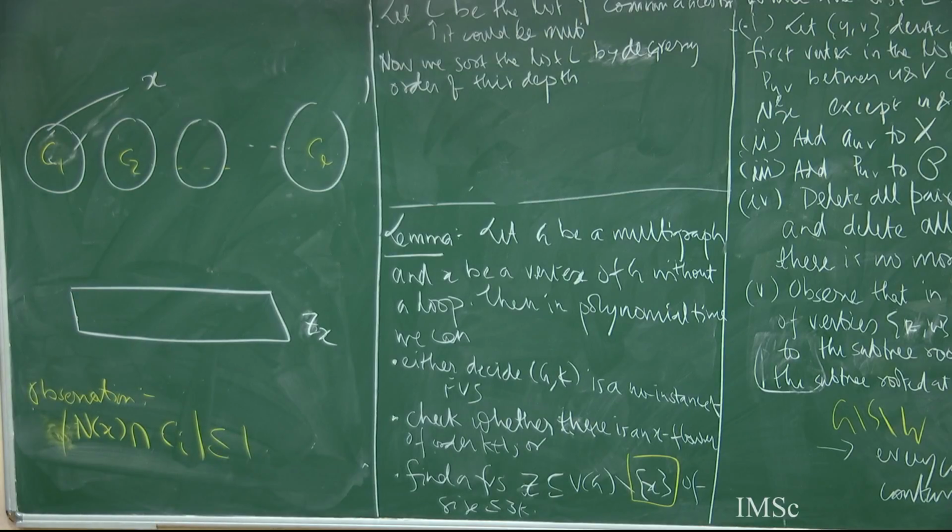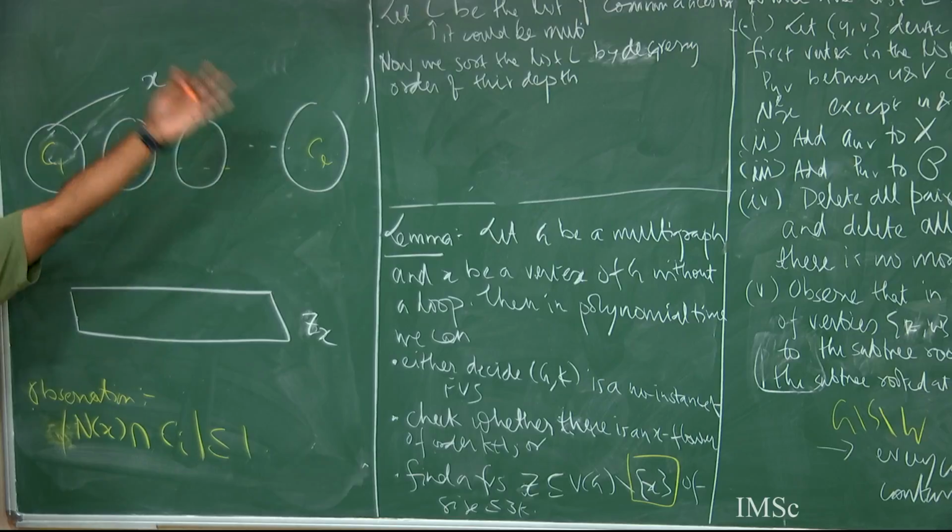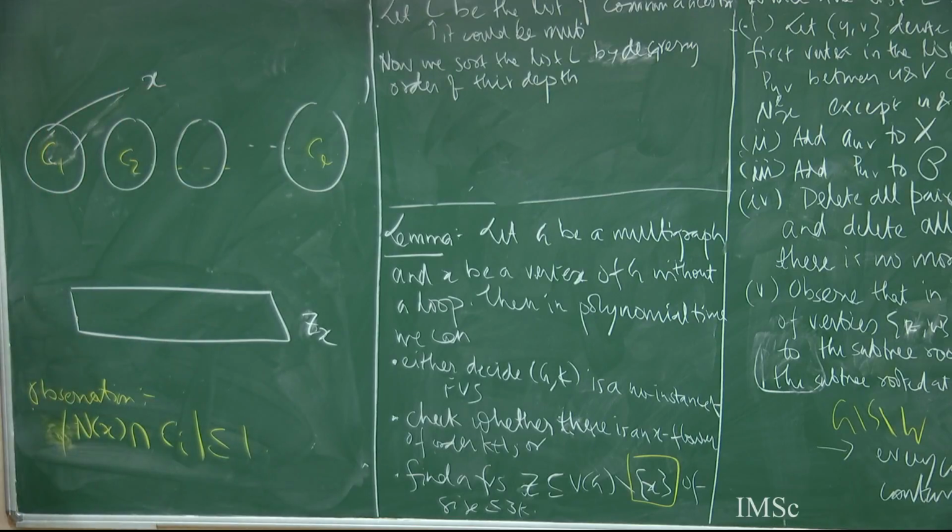If the number of components to which x has a neighbor was already small, then we are happy. We are done. Because then how many neighbors can it have? In each component it has exactly one neighbor, and to Z it can have a certain number of neighbors. But we have to remember that we are allowing multiple edges.